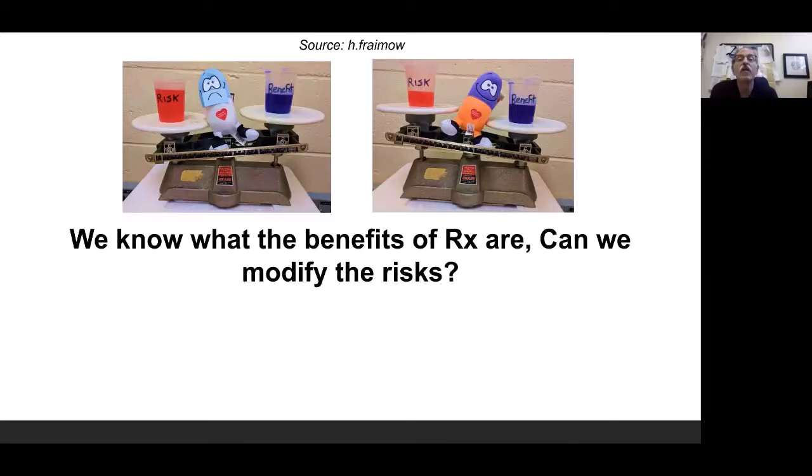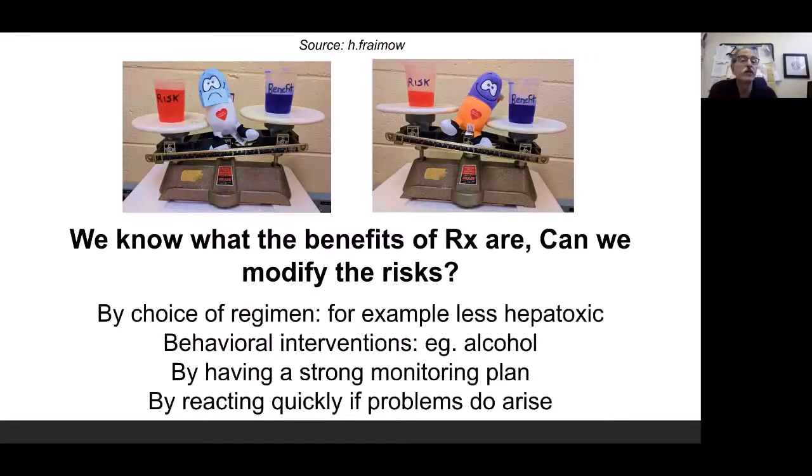But can we modify the risks as we prescribe TB therapy? There are a couple of ways we can do that. One is that we have to choose our regimens carefully based on that patient's individual risk. We can do behavioral interventions, such as ways of trying to keep them alcohol-free during the duration of treatment. And part of it is up to us to have a strong monitoring plan and then be able to respond quickly when problems do arise.